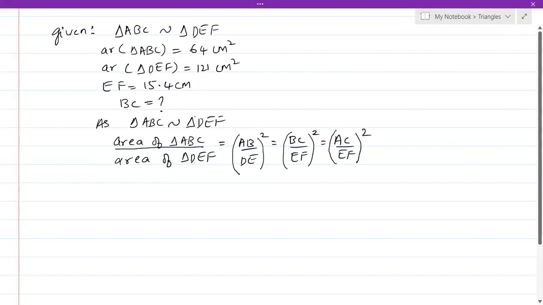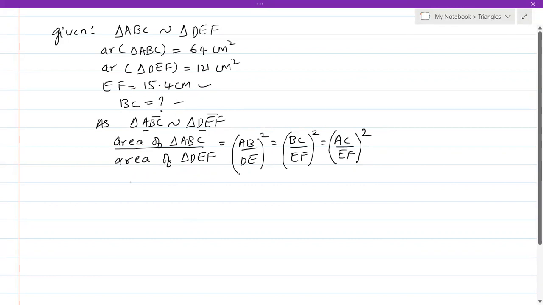If two triangles are similar, how do we take the corresponding sides? The first two alphabets and the first two alphabets, AB by DE, BC by EF, the first and the last, first and the last. We've already seen this. Now, among these three things, we will take only the middle part, BC by EF the whole square, because the question is based on BC and EF.